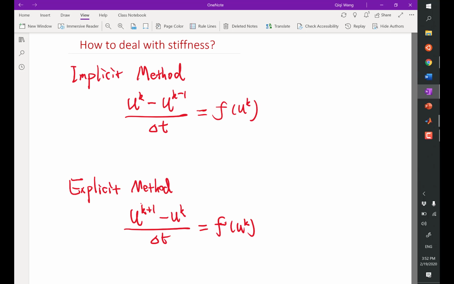But actually, there is a problem. There is a reason why we prefer forward Euler most of the time. It is because whenever we have a complex f, applying an implicit method is actually pretty painful.